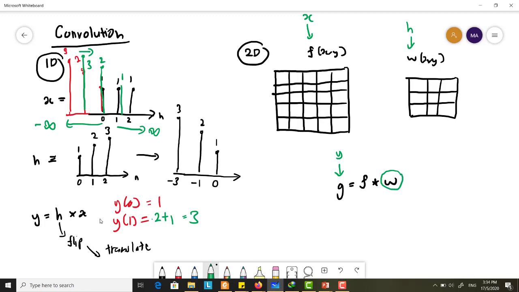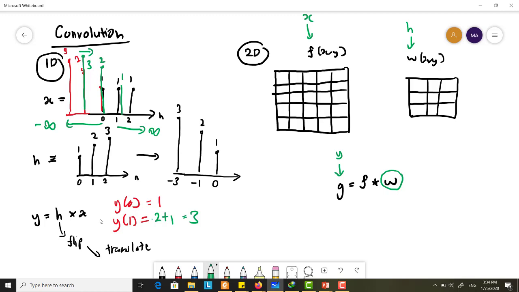We don't want to make a mess when flipping and shifting the input image, because the input image is just fixed like that. When you want to do a convolution, you must modify one of them. It's easier to modify the filter because normally the size of the filter is very small compared to the size of the input image. So that's why we manipulate this one.